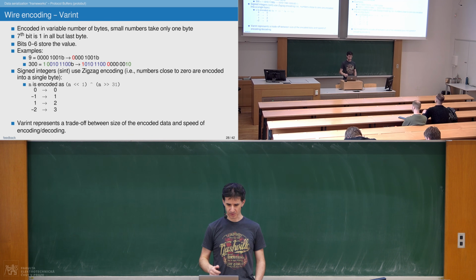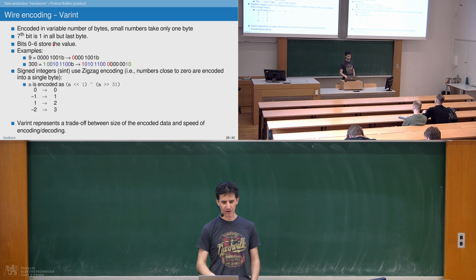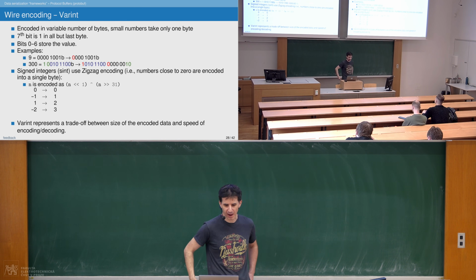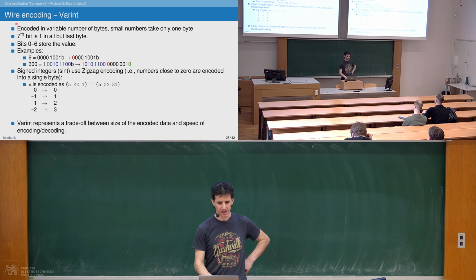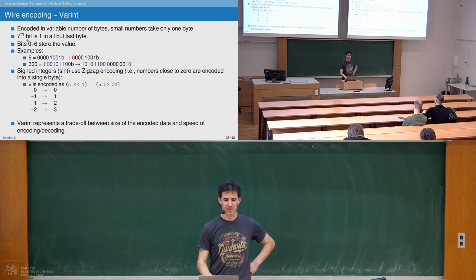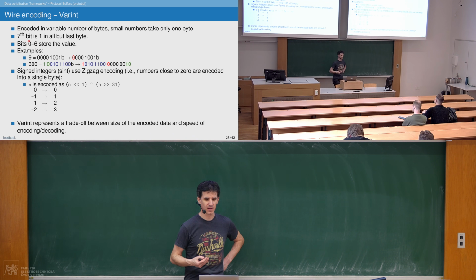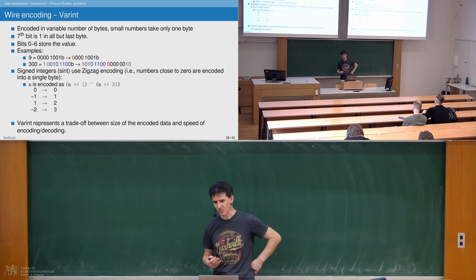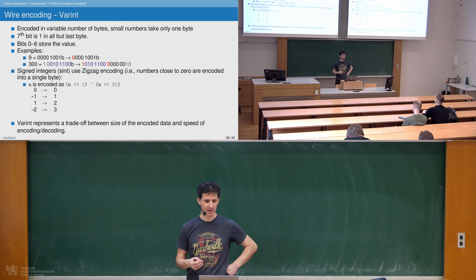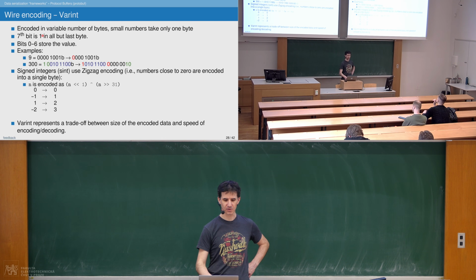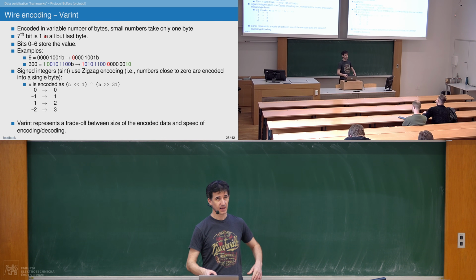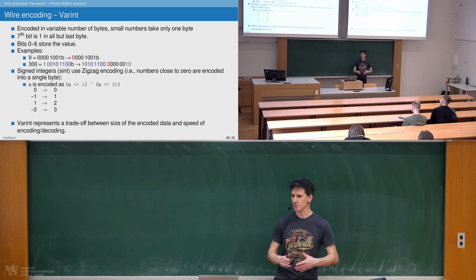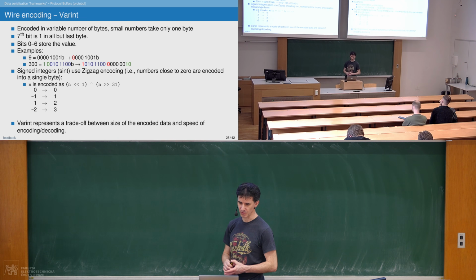Therefore, in Google they decided that they will encode those var_int numbers as a variable number of bytes, and that in every byte, the 7th bit, meaning the highest bit, will equal 1 if it is not the last byte of this encoding, and there will be 0 only in the last byte of this encoding, and then the remaining 7 bits in that byte will just store the number.